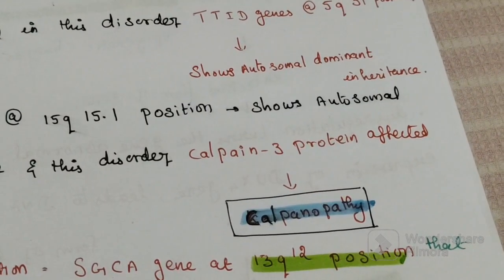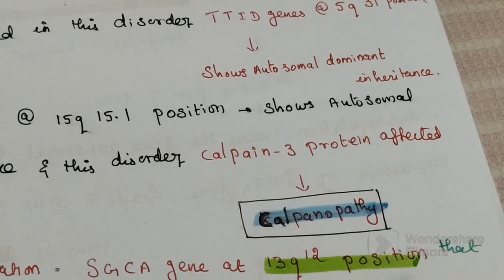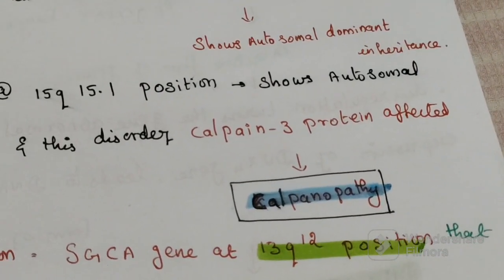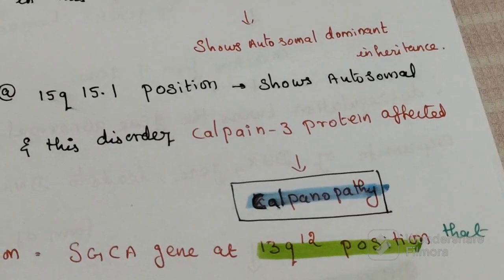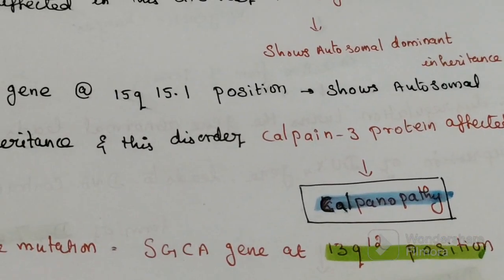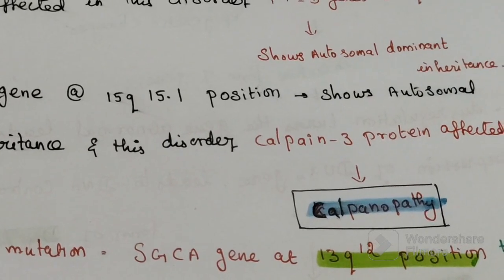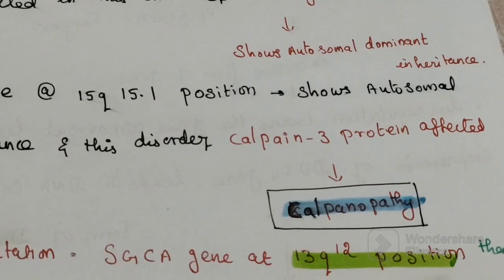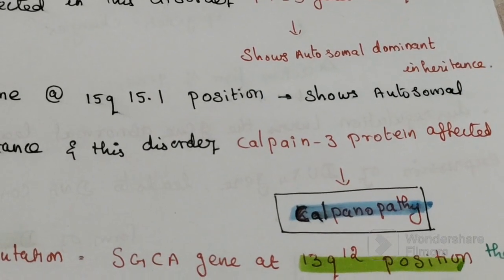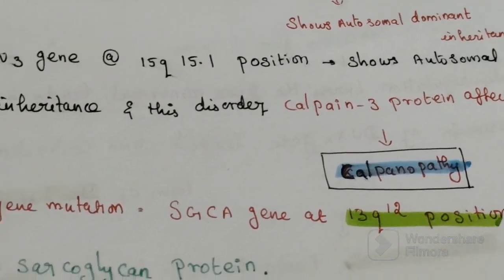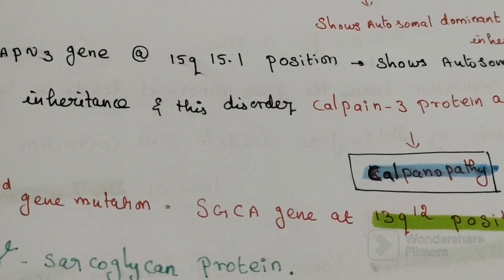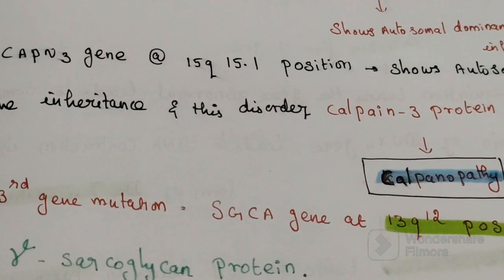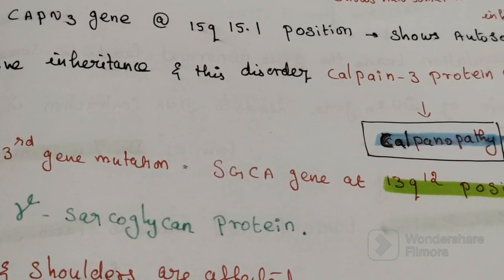That's why it is also termed calpainopathy. Then there is the third gene mutation which leads to limb-girdle muscular dystrophy.